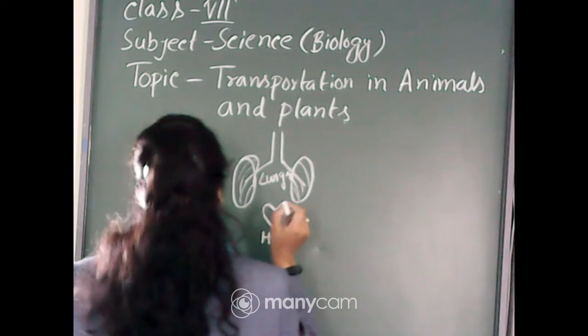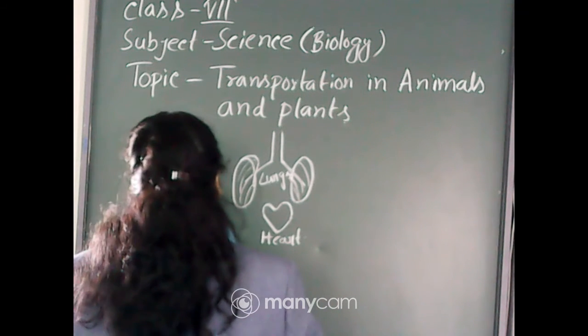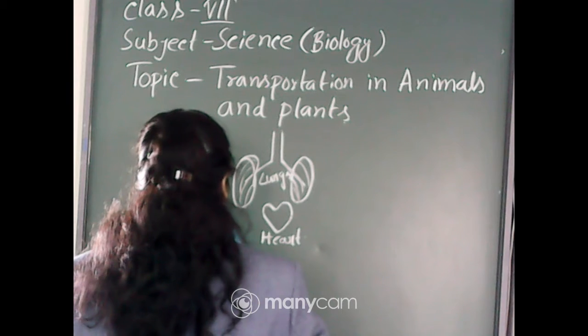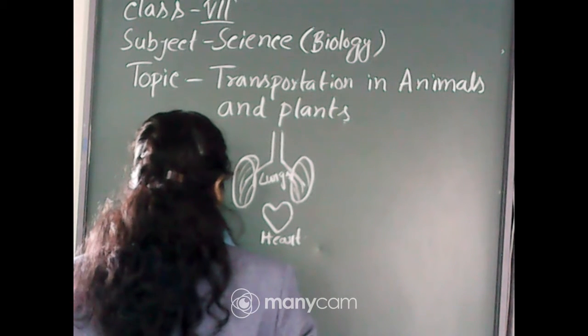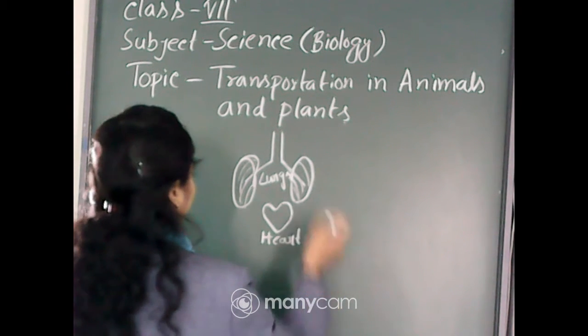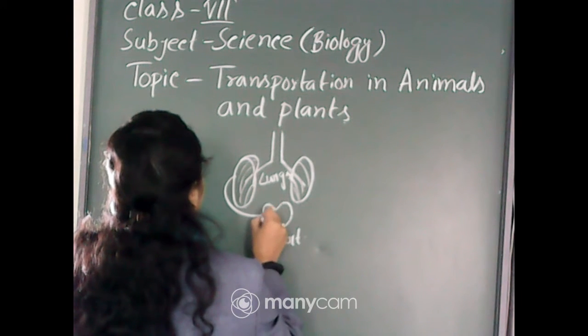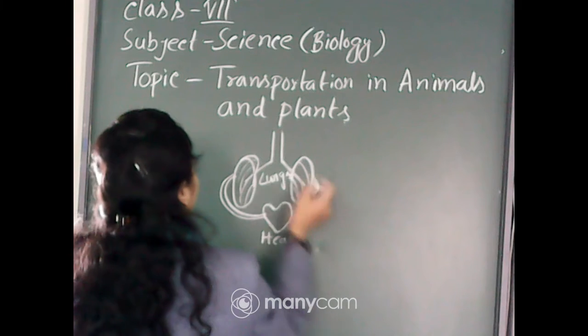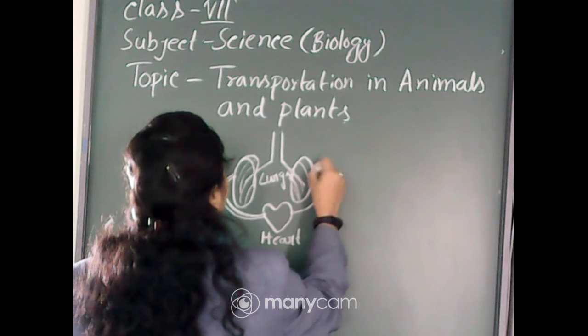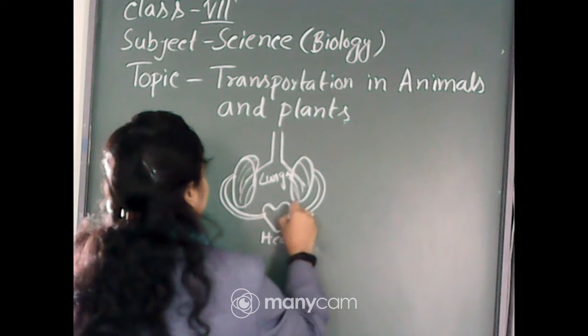Okay. Now, how does the circulation actually take place with those different blood vessels? From the lung to the heart, there is a blood vessel. From the heart to the lung, there is also another blood vessel.